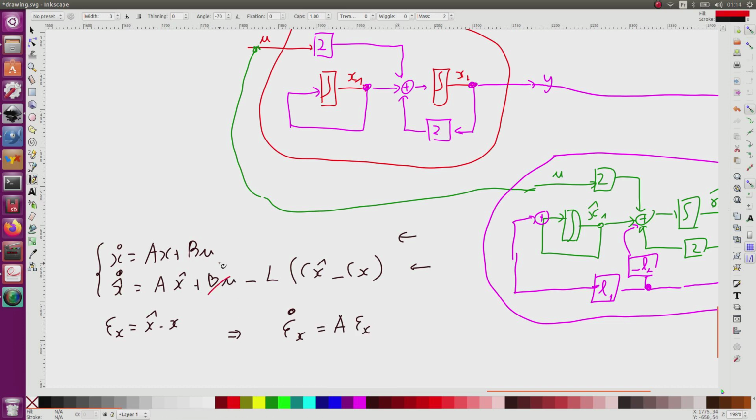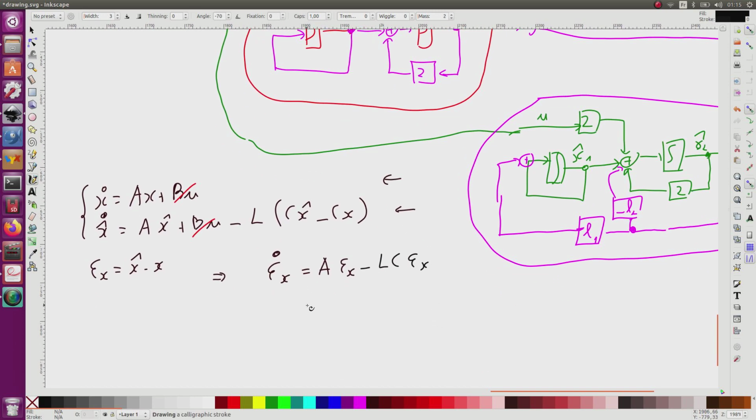I will have a simplification here, and here I will have minus LC epsilon x. So it has been seen in the lesson. As a consequence, it is equal to A minus LC times epsilon x.